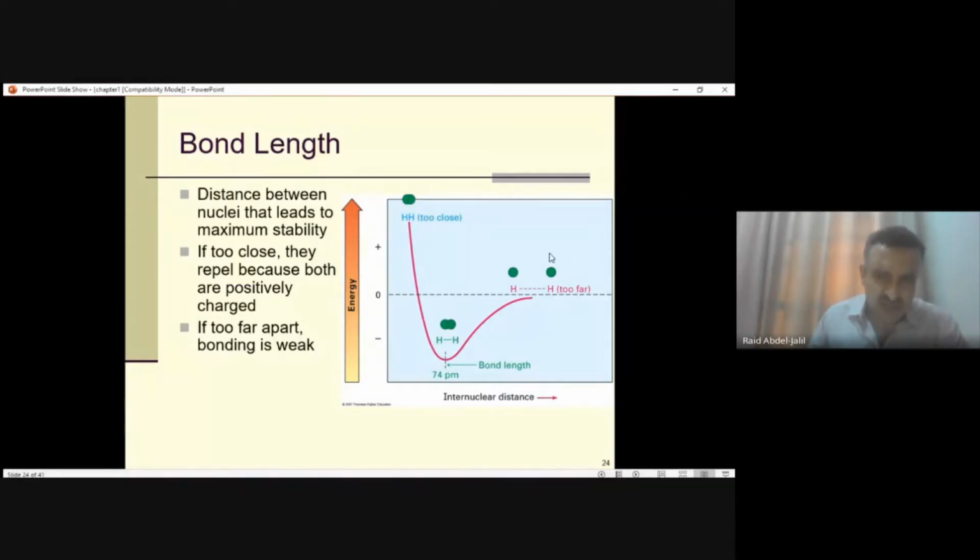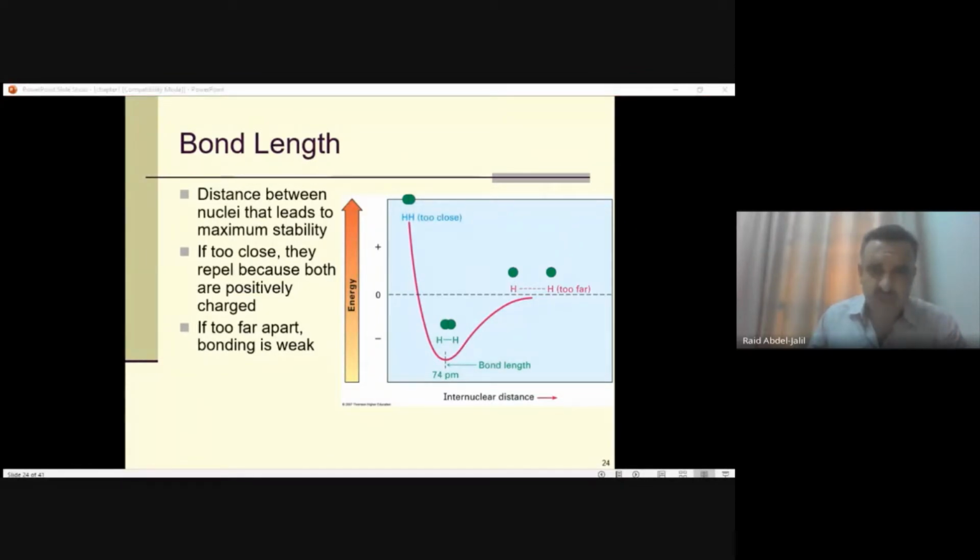Why is that? As I said, for separated hydrogen atoms, every nucleus is attracted to one electron only.